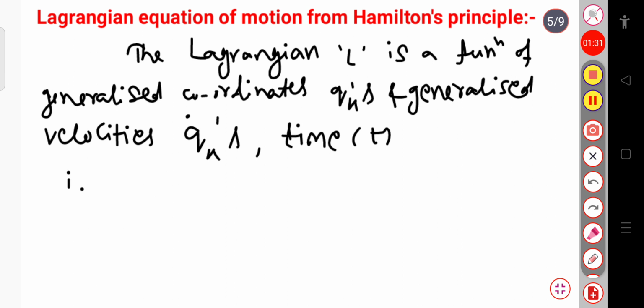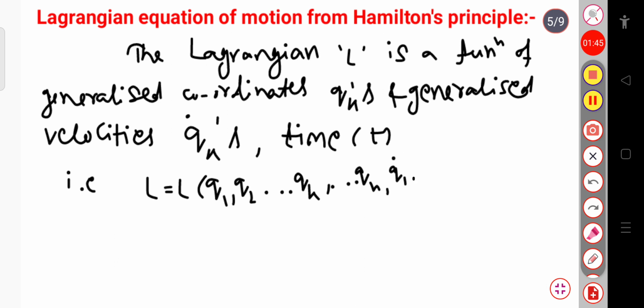So we can write this Lagrangian as a function of q1, q2, and so on up to qk, and also the velocity components q1 dot, q2 dot, and so on up to qk dot, and so on to qn dot, and also the time coordinate is present. So basically this is the representation of the Lagrangian.